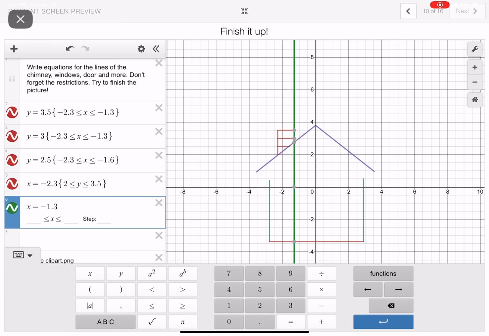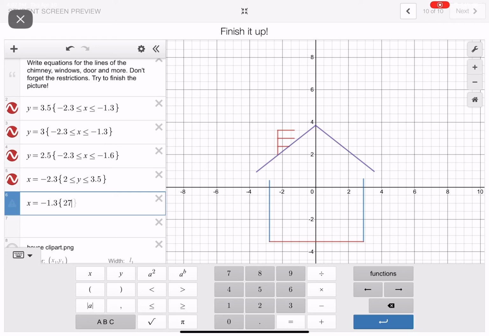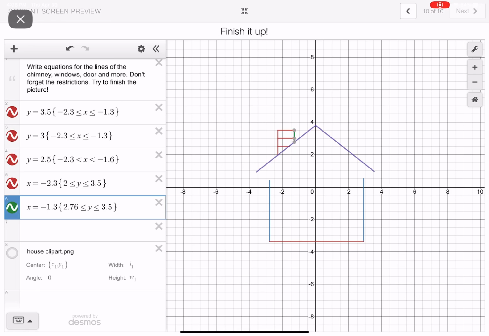So on this one, our curly brackets are going to go from 2.76 less than or equal to y, which is less than or equal to 3.5. And there is an entire chimney.